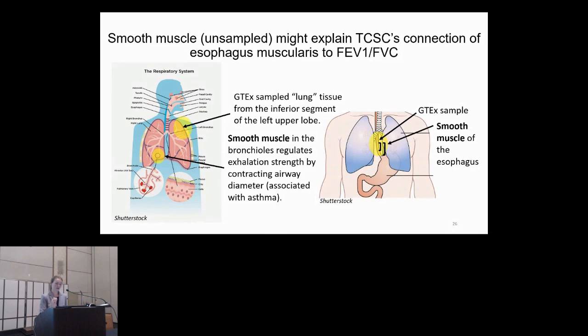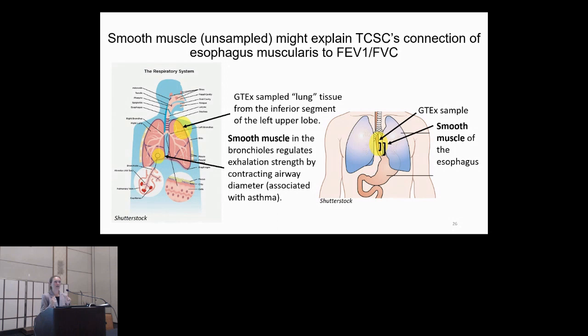Now, if we look at where GTEx sampled the esophagus muscularis from, they sampled it from just above the gastroesophageal junction, which is where the esophagus connects to the stomach. The interesting part is that this region actually has a lot of smooth muscle cells.